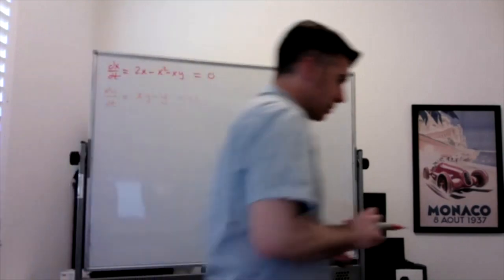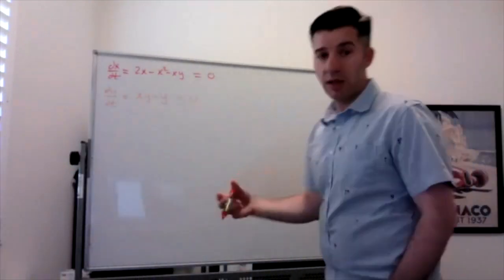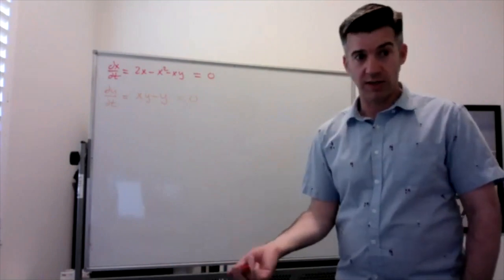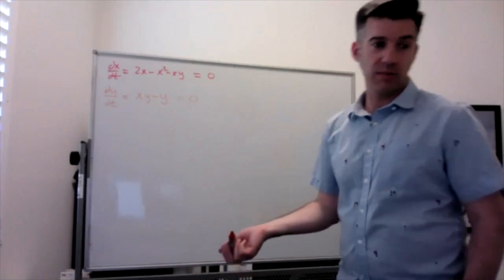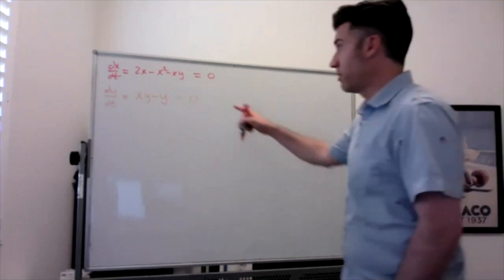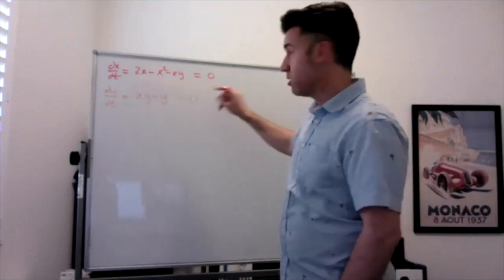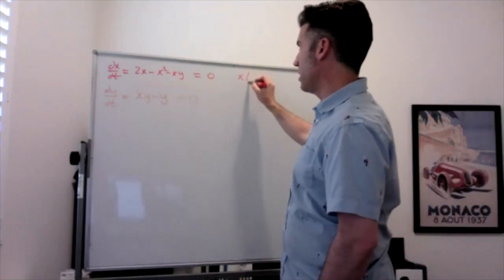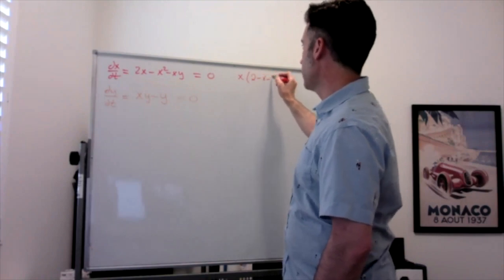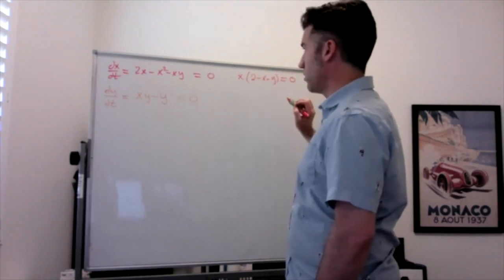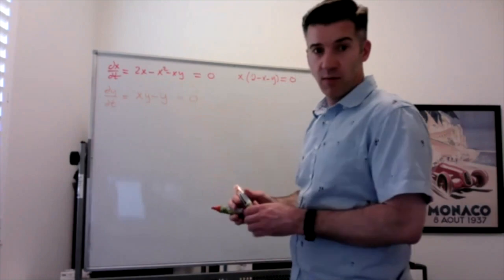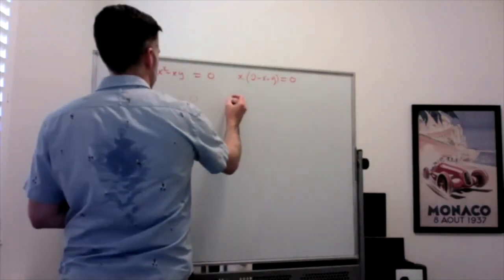Typically, when you're finding nullclines, you often want to factor as much as possible. So I'm going to factor out an x from here. So I see that I have x times (2 minus x minus y) equal to 0. And here I have y times (x minus 1).